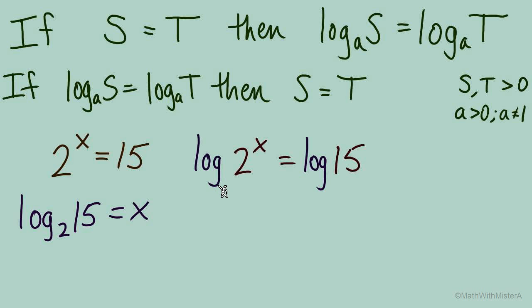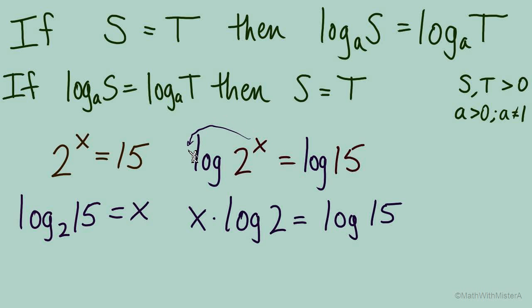What will follow right after that move is knowing about a property of logs, that the exponent that is here in the argument of this log function, we can move it out front of the log. So log of 2 to the power of x is going to equal x times log of 2 with no exponent.